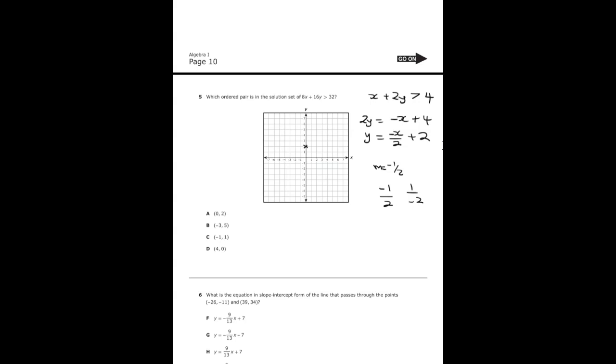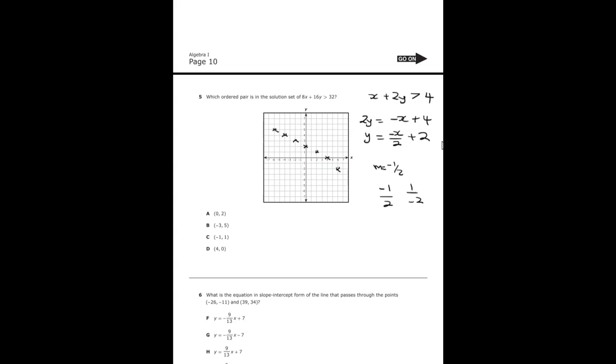So if I go up 1, I go left 2, up 1, left 2, up 1, left 2. Down 1, right 2, down 1, right 2, down 1, right 2.